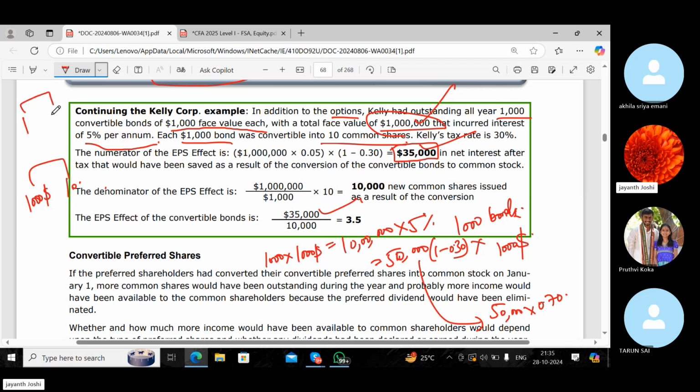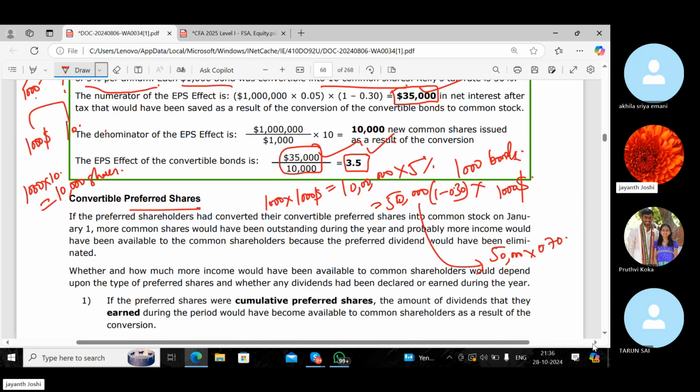One bond is converted to 10 shares. 1,000 bonds will be converted to how many shares? 1,000 into 10, okay, 10,000 shares. So cross multiply, we got 10,000 shares. We divide this and we get the EPS effect of the convertible bonds, that is 3.5. Okay. Now let's move forward.